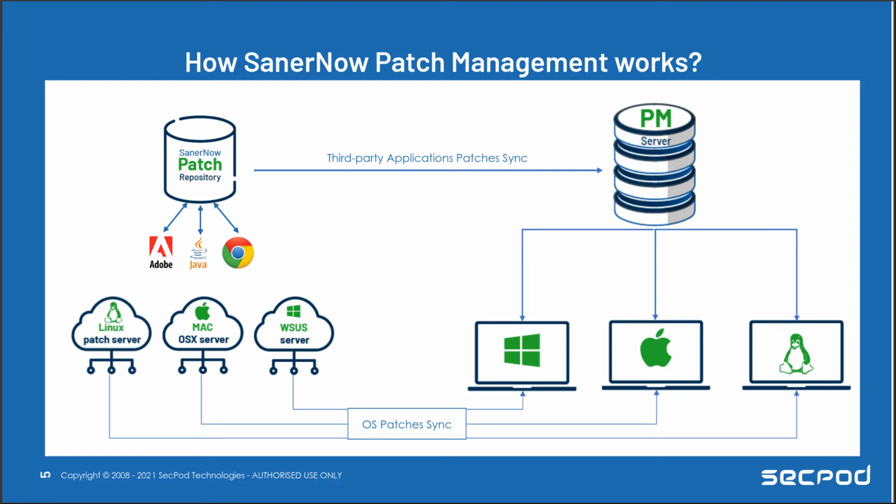The agent gets the patch from the OS-specific server, and it helps in deploying all the OS-related patches from their own server. In this way, we can achieve third-party application patch deployment as well as operating system patch deployment. So this is the workflow of patch management.